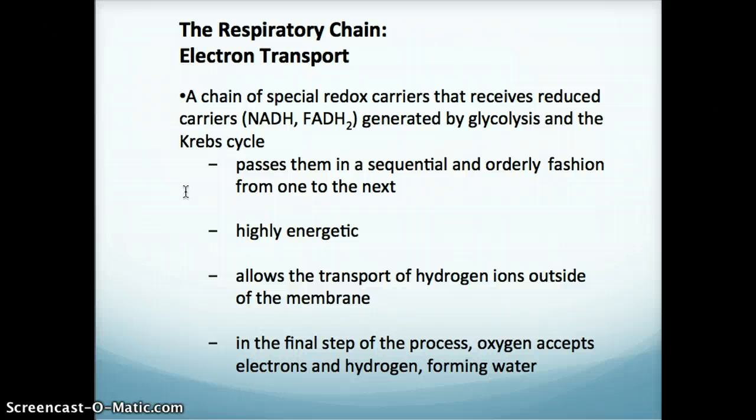This is highly energetic, and it allows for this transport of hydrogen ions to the outside of the membrane. And in the final step of this process, in the respiratory chain, so in the aerobic, oxygen will accept the electrons and hydrogen, forming water.